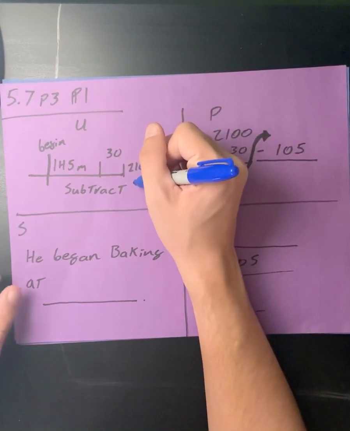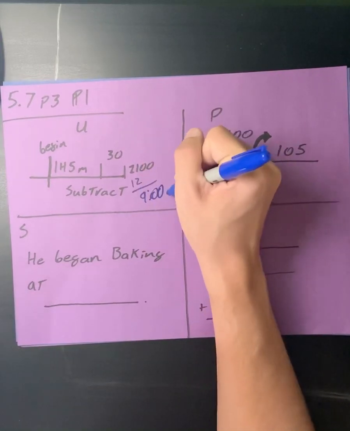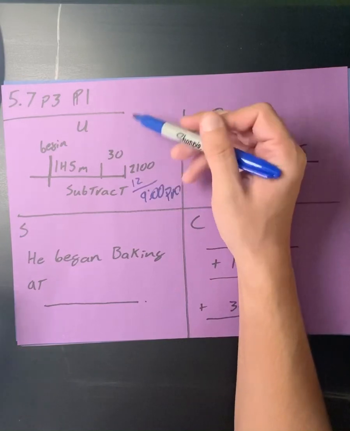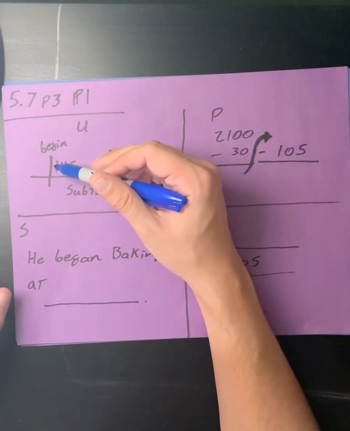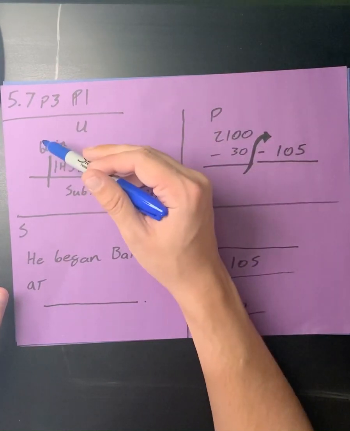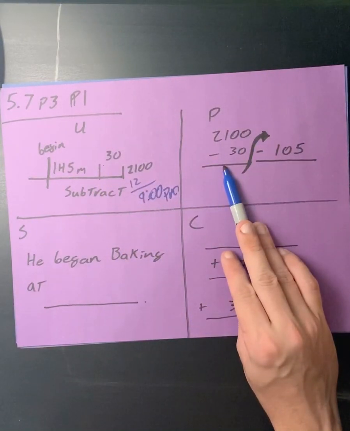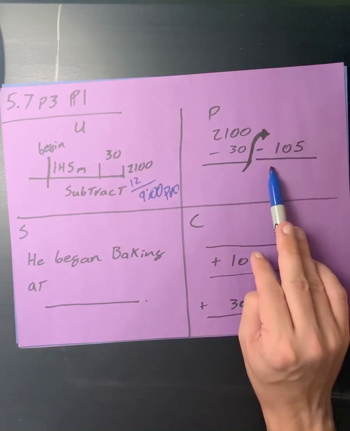Just because we've already done this, I know that that is 9 p.m. Okay, he did chores for 30 minutes, and he began baking 1 hour and 5 minutes before he started chores. I need to figure out what his beginning time is.